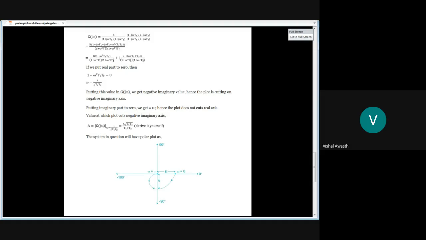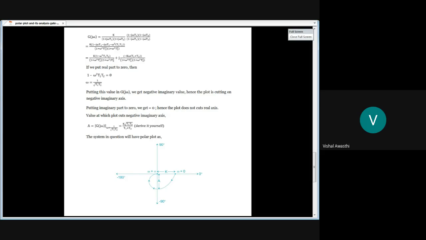So when you put real part equal to 0, whatever the frequency component coming, that is giving you the frequency at which your imaginary axis will cut.